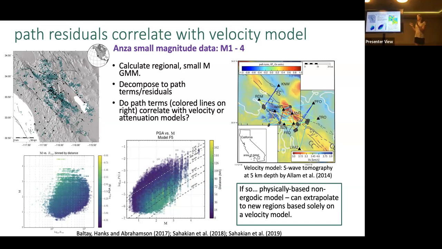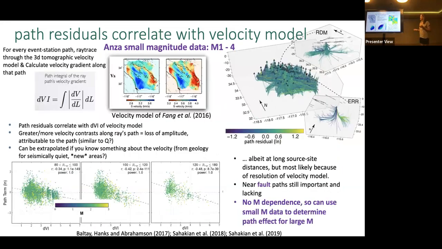So our question was, can we simply take these two discrete data sets and correlate them? Can we take the ground motion path residuals based only on the velocity model? And again, another example of where we could have a physically based, informed, non-ergodic ground motion model to other regions if we find this correlation. So Valerie Sahakian did this work, taking that idea.